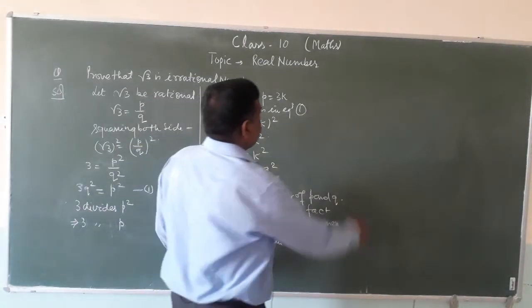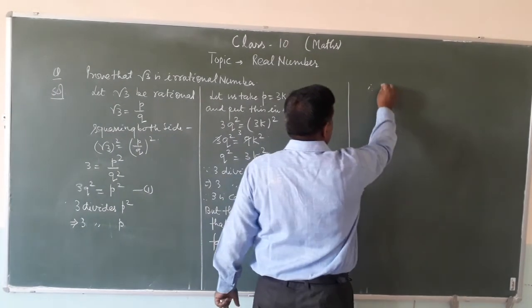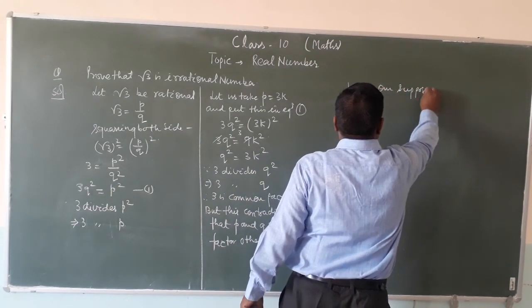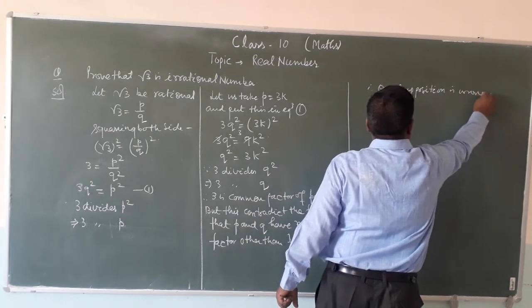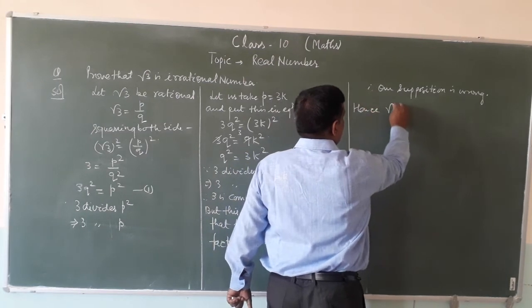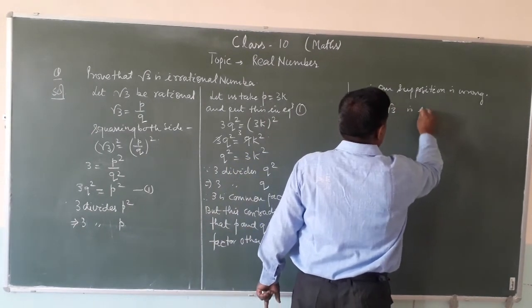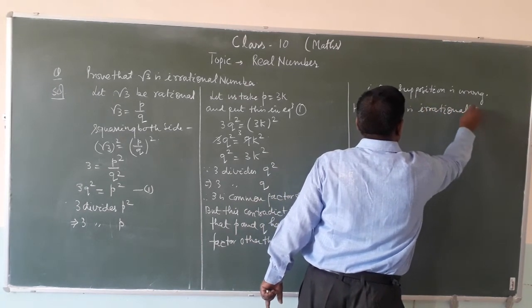Therefore our supposition is wrong, and hence root 3 is irrational. Okay, this is our proof.